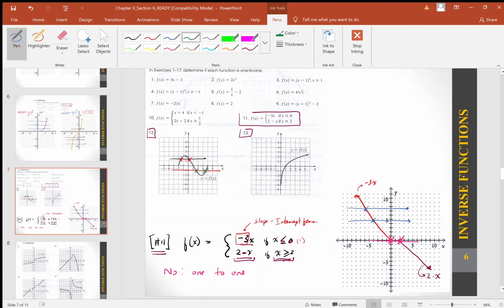So number 12 is no. Number 13, if I create a horizontal line, it only crosses this point right here. And if I draw another horizontal line, it crosses the graph at only one point. So this is a one-to-one.